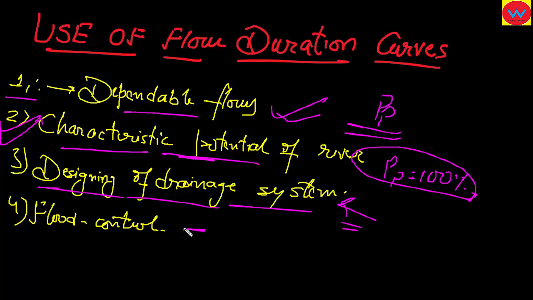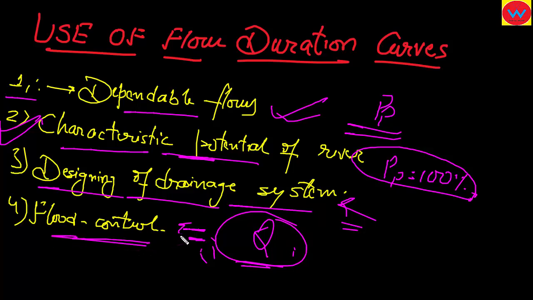You can also use it to study flood control for a given river: the value of Q which is likely to be exceeded, and by how much percentage this value of Q is likely to be exceeded. So while designing structures or flood mitigation techniques, you can use this flow duration curve to your advantage.